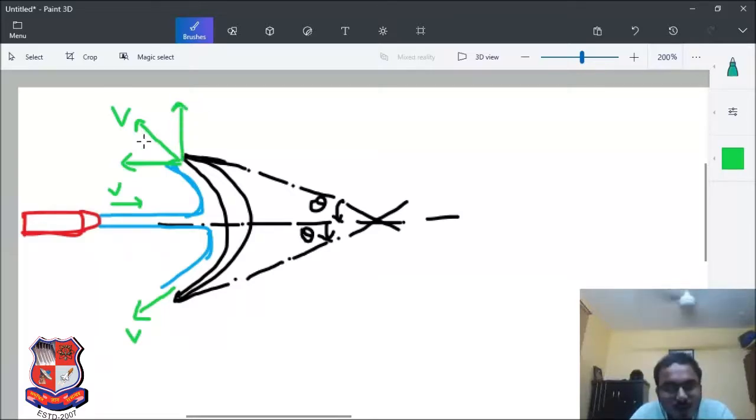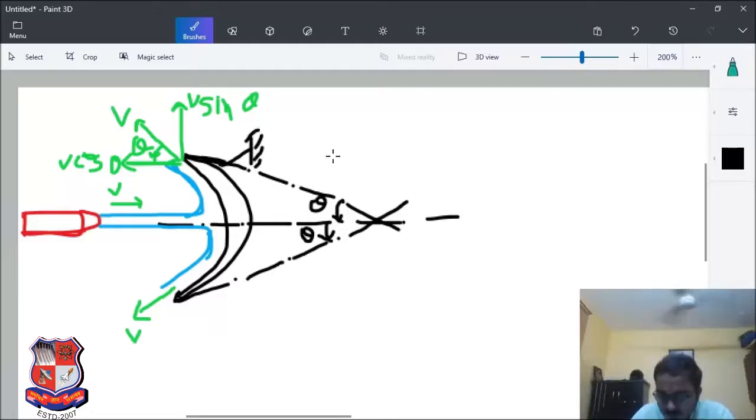As this angle will be theta, this will become v sine theta, and this part will be v cos theta. Okay, this will be v sine theta and this will be v cos theta. And yes, one more important thing out of this theory is, we are keeping this plate as a fixed one, so we are not considering the case of a moving one.